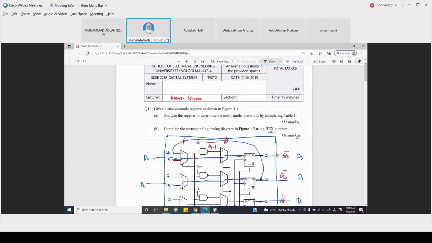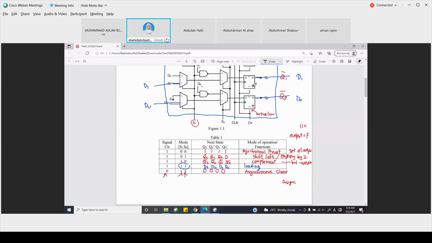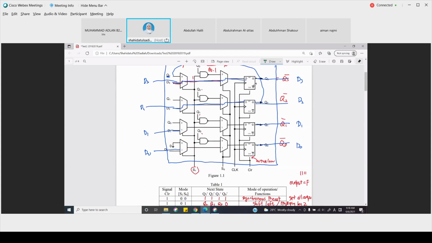Any question? Is clear always asynchronous? Yes, for the flip-flop. How does synchronous clear look like?